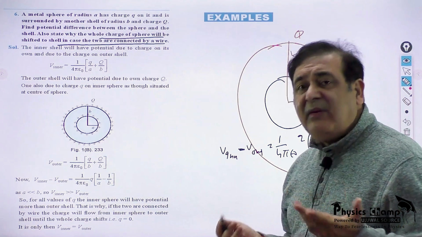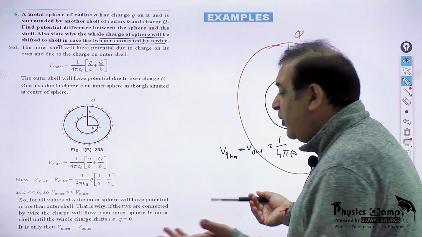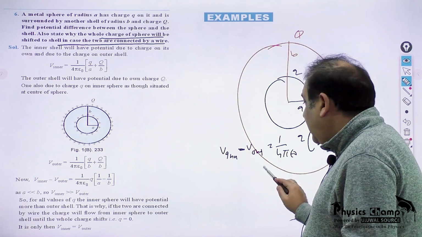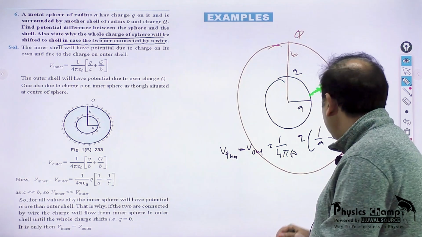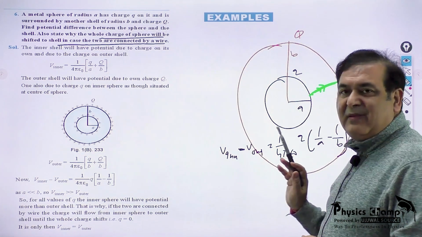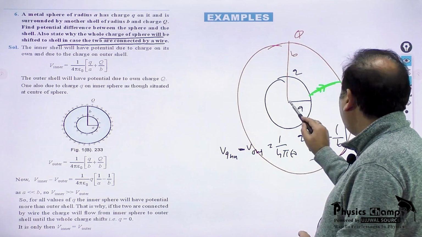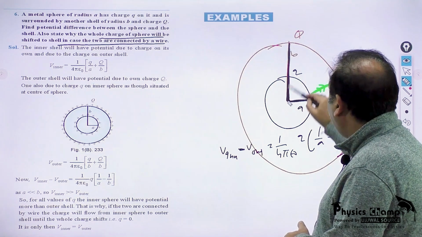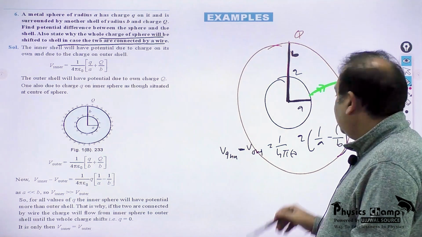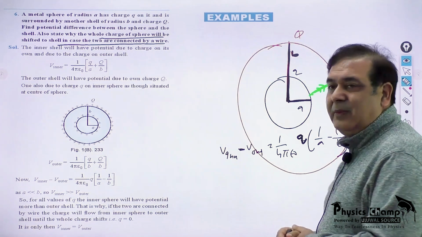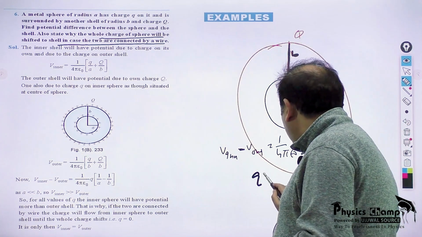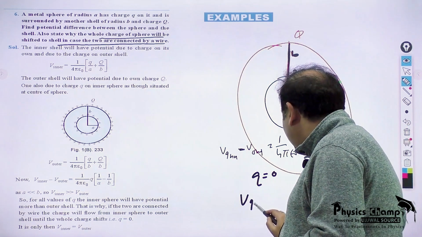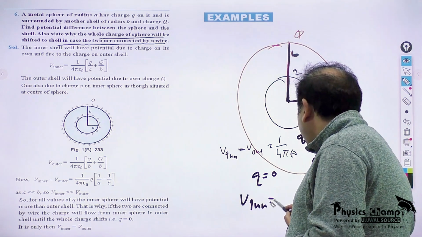And under what condition will there be the same potential on both? You want V inner to be equal to V outer. A is fixed, it is the radius of the inner sphere. B is fixed, it is the radius of the shell. Nothing can be done about them. The only variable on the right side is small q. So for small q equal to 0, V inner will be equal to V outer.